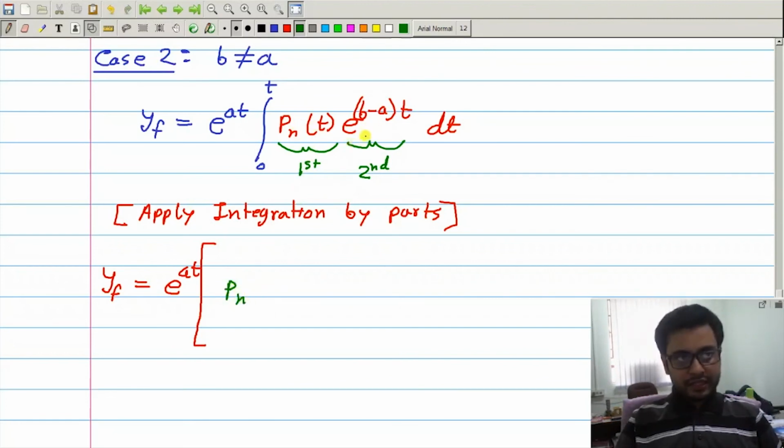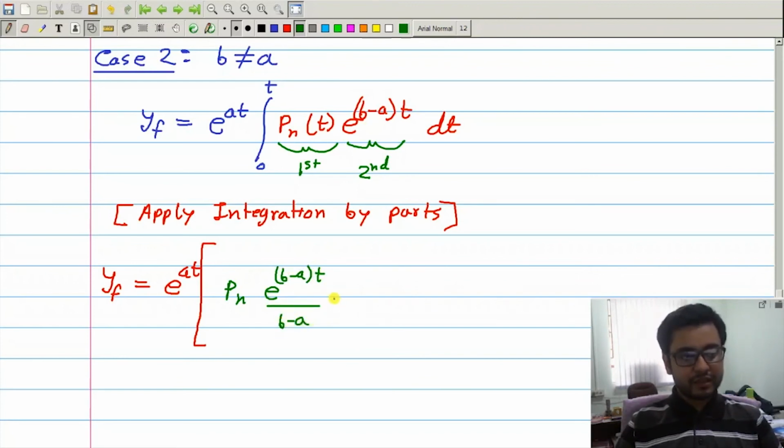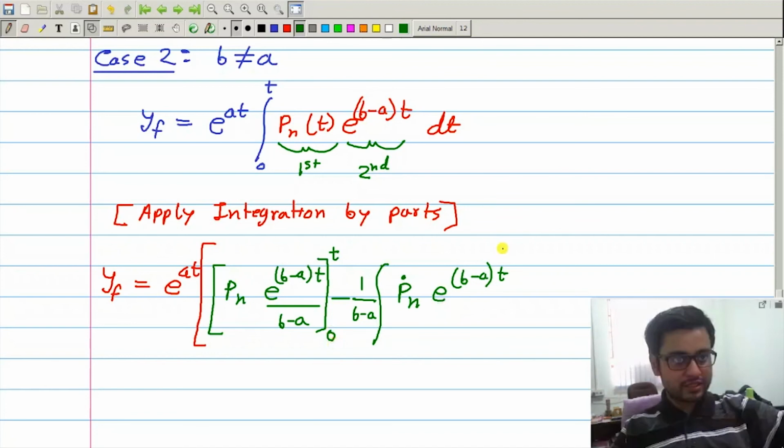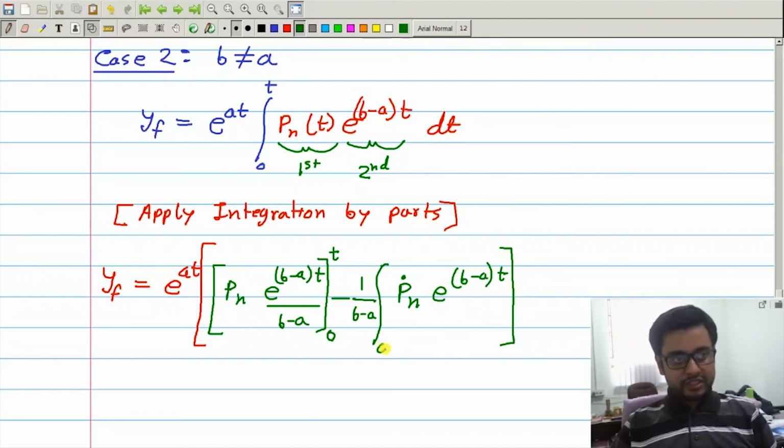P_n, times the integration of the second, e to the power (b minus a)t divided by (b minus a), minus the integration of the derivative of P_n, that is dP_n/dt, or let me write simply P_n dot, and this term e to the power (b minus a)t, divided by, but this divided-by term I can write outside, 1 over (b minus a), and this will be evaluated from 0 to t.